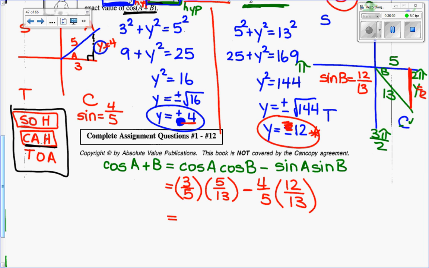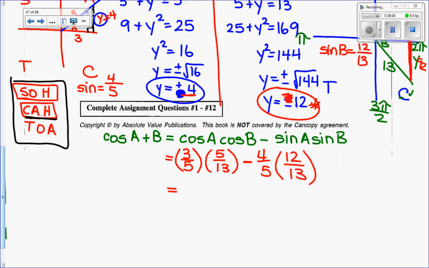Now when we multiply fractions, we just multiply numerators and denominators. So we got 15, and 5 times 13 on the bottom is 65. Minus 48/65.